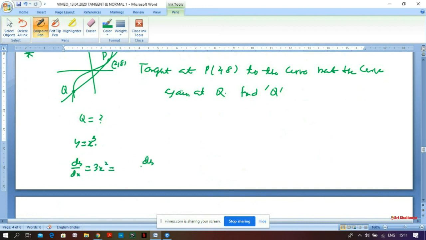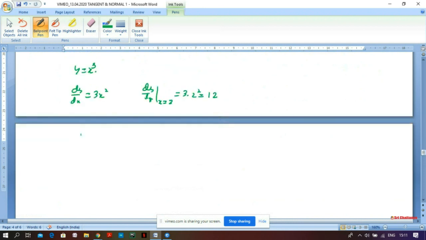So dy by dx at the point x equal to 2 happens to be 3 times 2 squared, that's 12. So we get the slope of the tangent as 12.